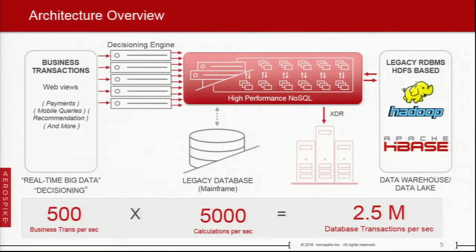As an example, we're working with one of the West Coast payment processors, and that's one of their examples. People sometimes ask me, why do I need 1 million transactions per second? Their answer was, they only have about 500 to 1,000 business transactions. In the case of a payment processor, that's credit card swipes. You get about 500 to 1,000 per second. Why do you need 1 million transactions per second?